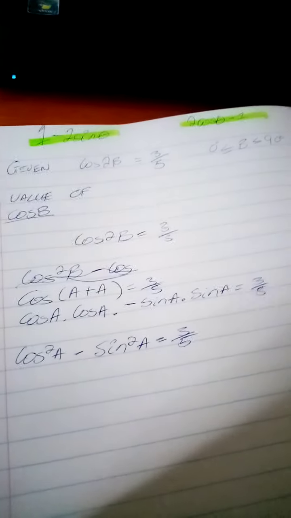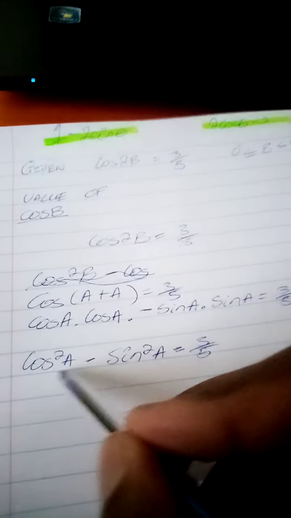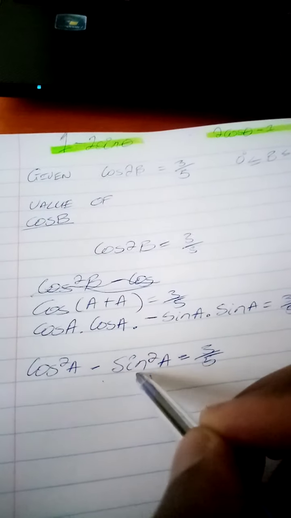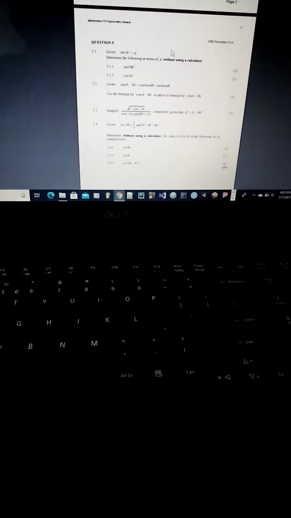So what does this mean? Here's the point: cos squared, sine squared. I'm not going to complete all the questions. I want you to also complete the others so that it could be challenging.